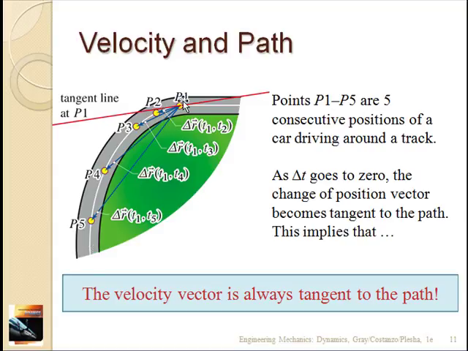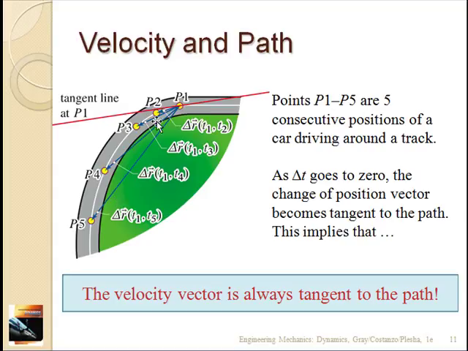These are the positions of the car at 5 different times, T1 through T5. If we look at the velocity vector, or the change in position, then if we compare P1 to P5, it's this blue vector here. So the change in the position vector from time 1 to time 5 is this blue vector.